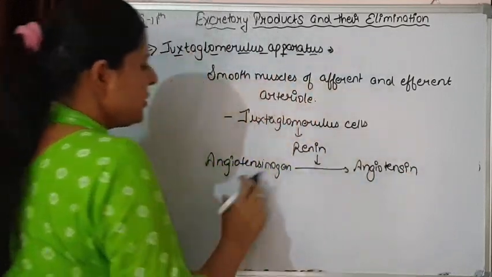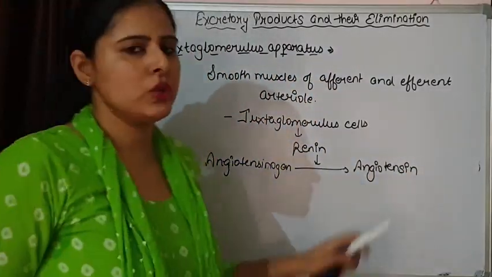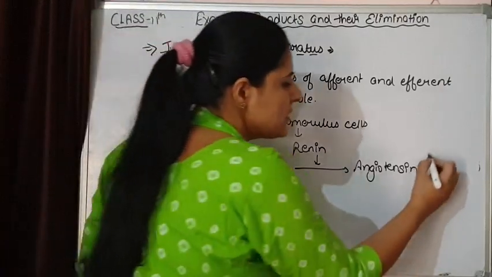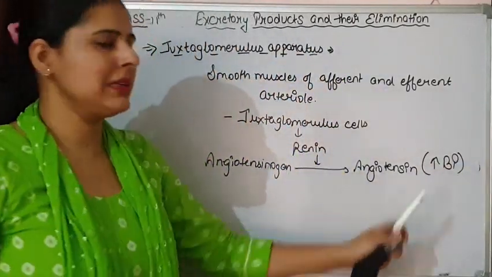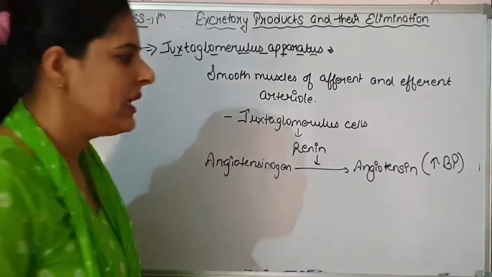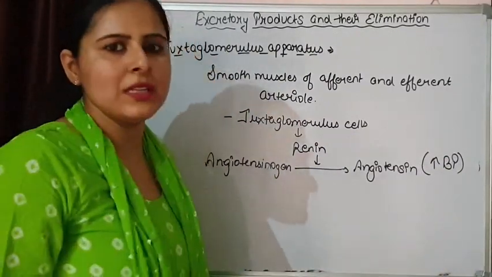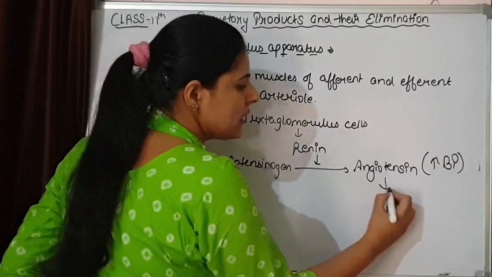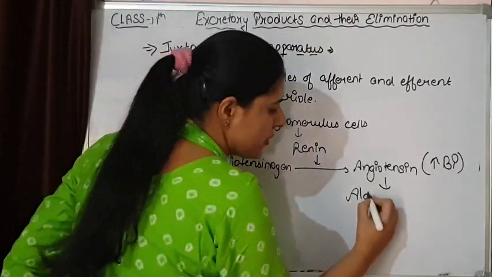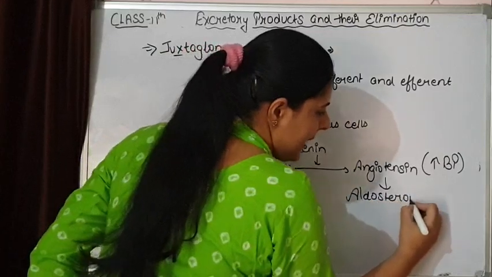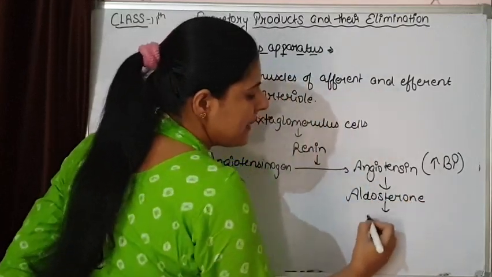Why is the activation of angiotensinogen into angiotensin required? Because it is now going to increase the blood pressure. Another function of this angiotensin is that it is activating the adrenal cortex to secrete aldosterone. And this aldosterone is helping the DCT.